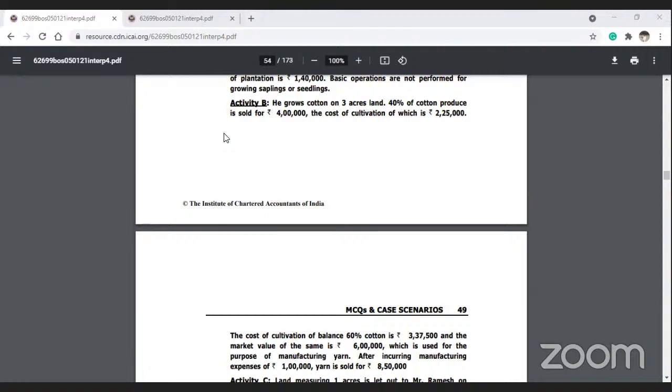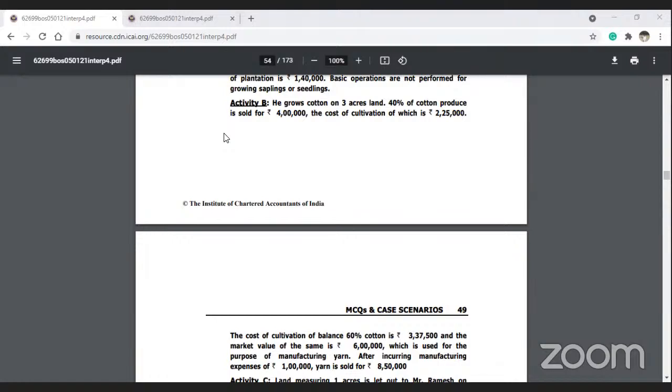See, I'm reading rule 7. While calculating non-agricultural income, the market value of the agricultural produce raised by the SSE or received as rent in kind and utilized as a raw material will be deducted out of total profits of such SSE, and not the actual cost of cultivation. However, the difference between market value of such produce and the cost of cultivation shall be treated as agricultural income.